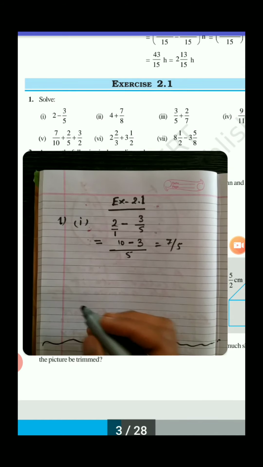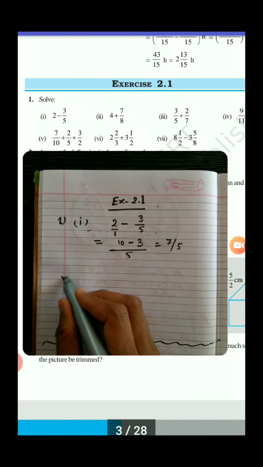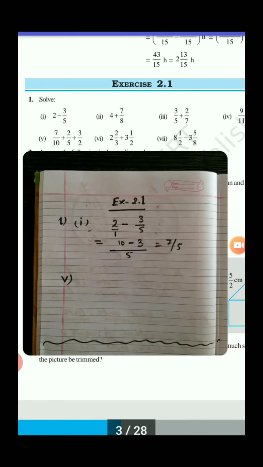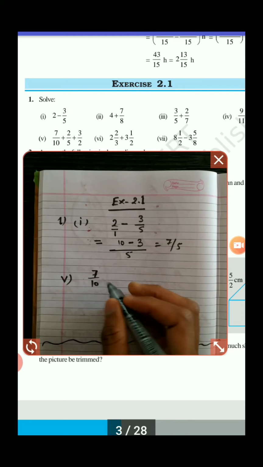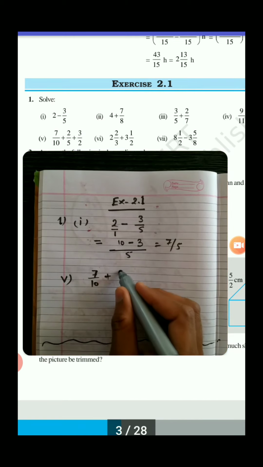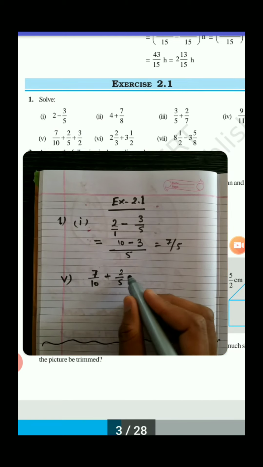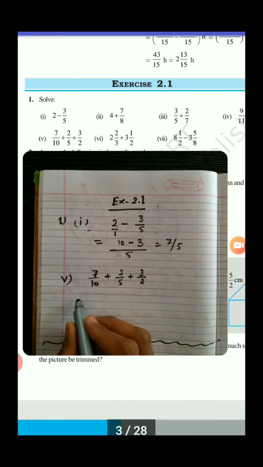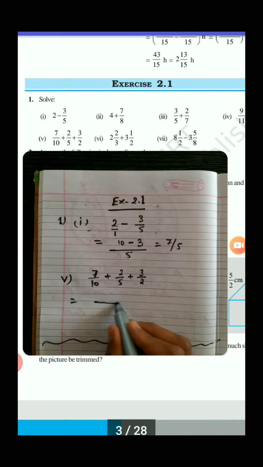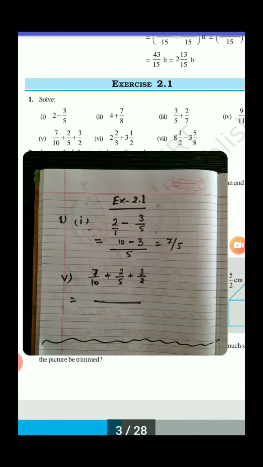Let us say I am solving the fifth part. In the fifth part: 7 by 10 plus 2 by 5 plus 3 by 2. At first, we need to find the LCM of 10, 5 and 2.